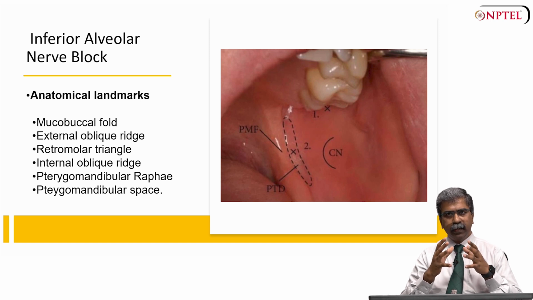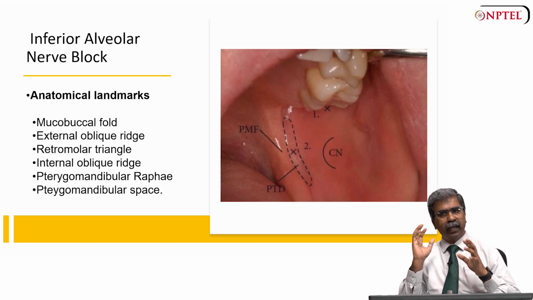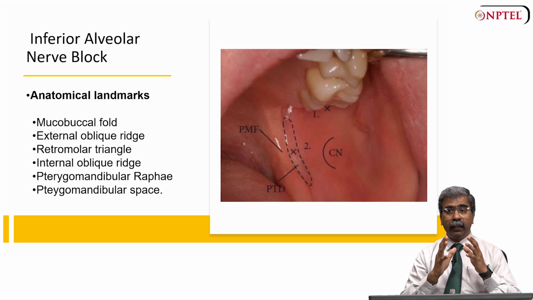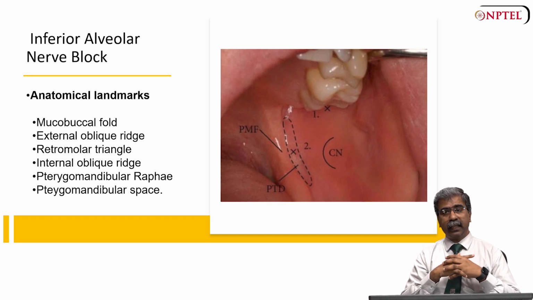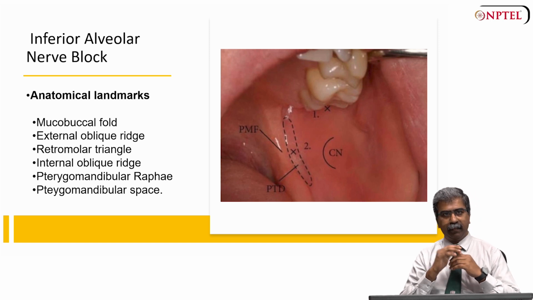About the external oblique ridge, it helps in identifying the posterior extent of the mandible, locating the retromolar triangle. And the retromolar triangle is a key landmark for positioning the needle tip during the block, ensuring correct trajectory towards the pterygomandibular raphe.